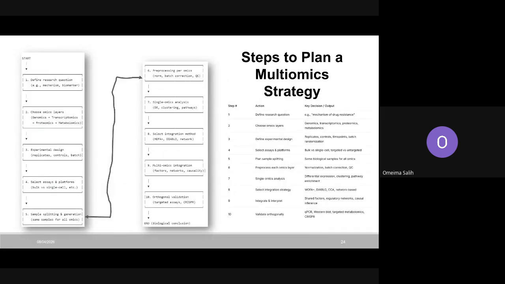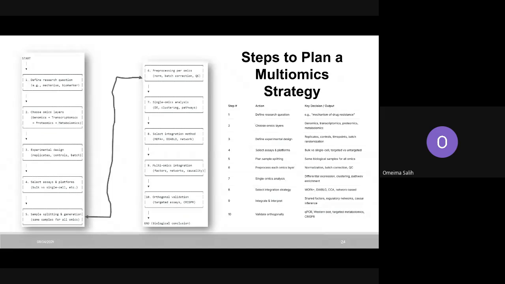If you are studying biological processes, then you need to use multi-omics factor analysis, because these use different statistical analyses and different integration tools. And then you integrate all this. After you integrate, you need to interpret your results and validate your results.